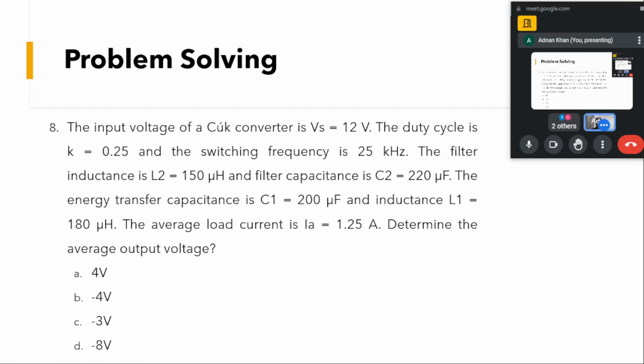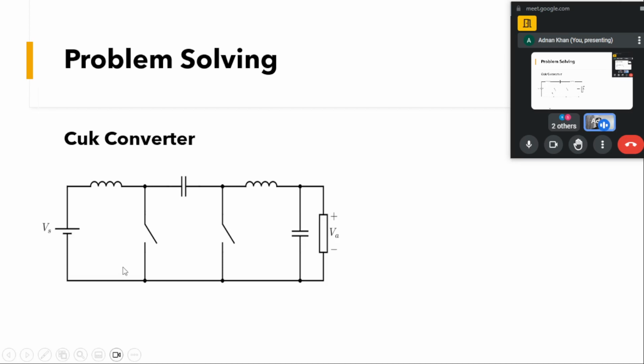If you can see, this is a Cuk converter, and this will be L1. We saw that this is a combination of buck and boost converters. This will be L1, this will be C1, this is L2, this is C2.